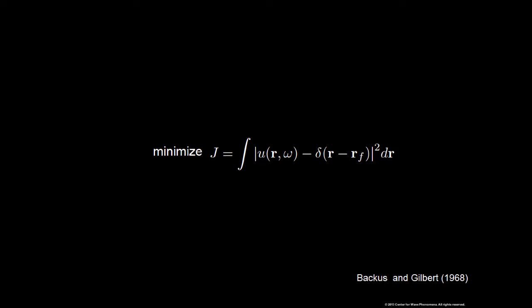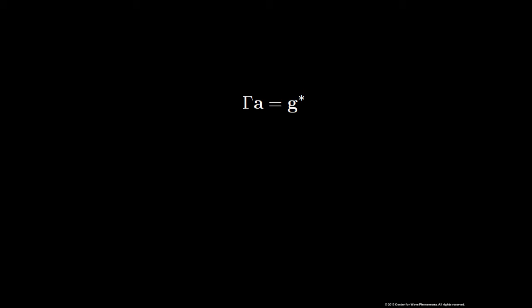And they call it the delta-ness criterion. Now if I substitute u from the weighted sum I just showed you and minimize this expression with respect to the A sub i's, after some algebra I end up with a system of linear equations which I can compactly show as shown here.